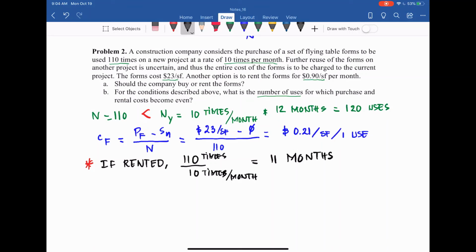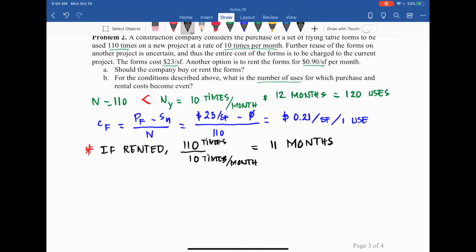And the cost given for the rent is 0.90 cents per square foot per month. We have 11 months. So let's assume CF1 is for the option of purchase, and the second option is CF2, the cost for one use if rented.